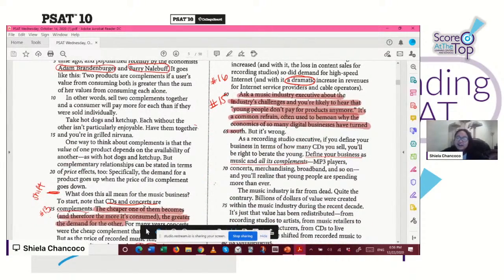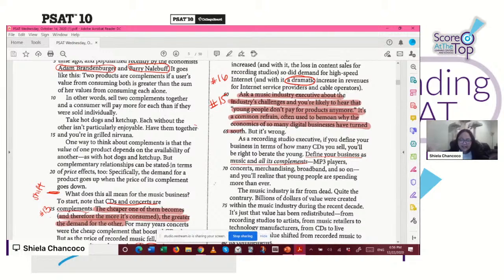So let's review that. Complements in their terms are two products of value that have complementary relationships. So what they mean is that they give an example of hot dogs and ketchup, which is pretty good, right? The availability of one helps the other one, right?